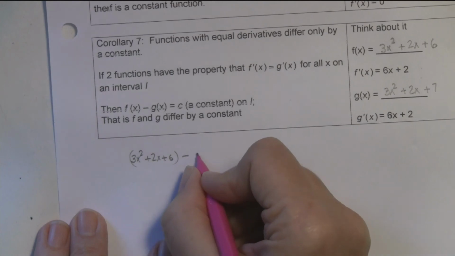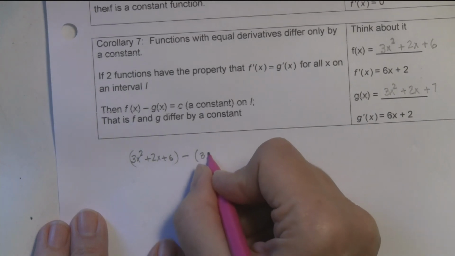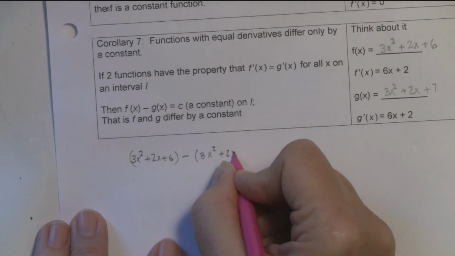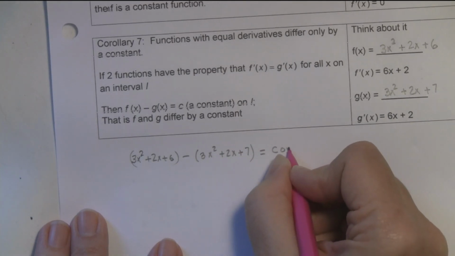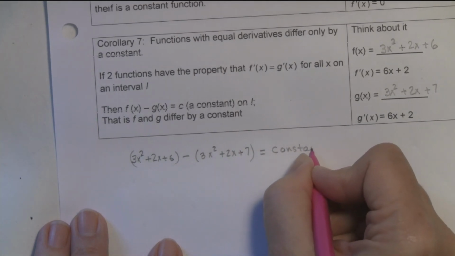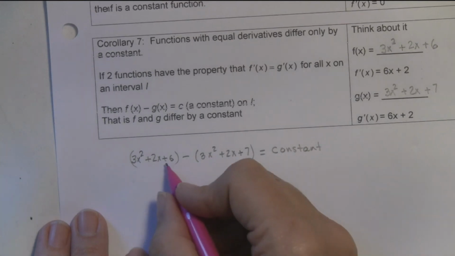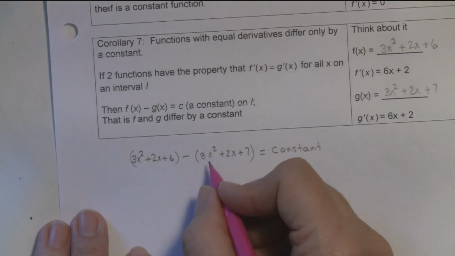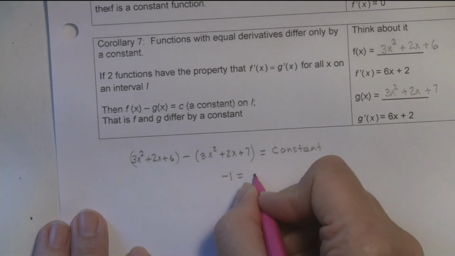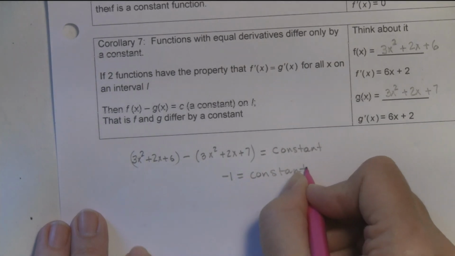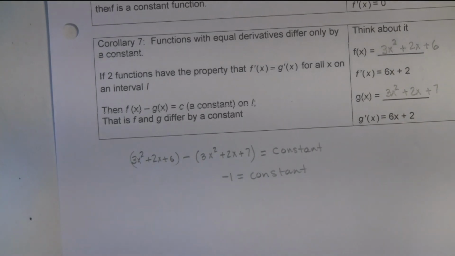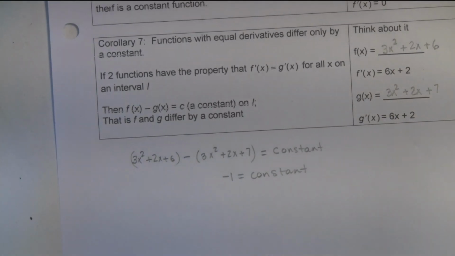And I was to subtract g, the way I defined it, 3x squared plus 2x plus 7, that the answer would be a constant. And in fact, on this one, the constant that I'm going to get, do you guys agree, is -1 for this value of f and g that I've defined here. So anyway, it kind of makes sense.